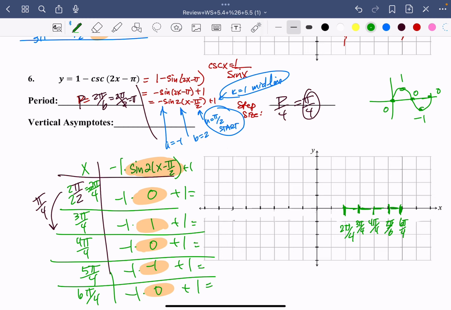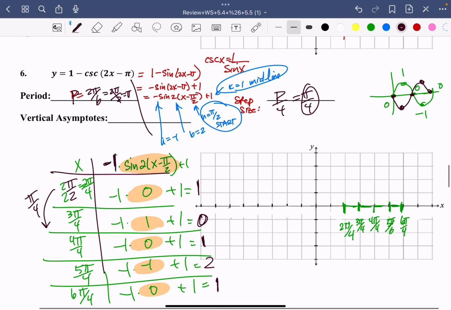So that's trying to tell you that your output value should be, oh, I'm sorry, 1, 0, 1, 2, and 1. Because it has a negative out in front of it, it's going to be the reflected version. And so it's going to go down and then up.